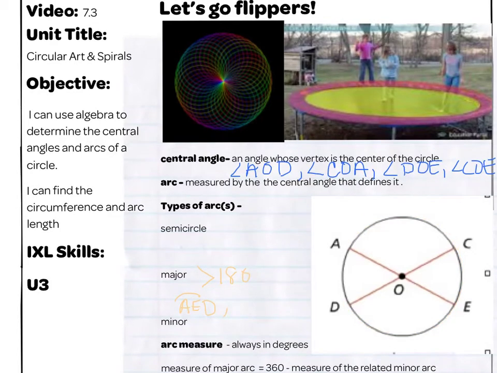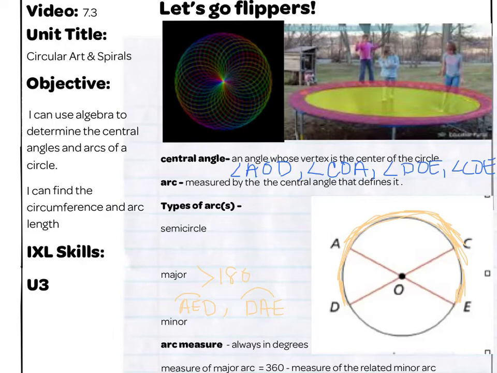Let's also set another arc that makes sense for us here, and let's start this time with D. If we started with D and went all the way around, we got to go past C, so we'd go to E. So we could say arc DAE. That'd also be a major arc. Now minor arcs are going to be exactly what you think they are, and they're going to be smaller than semicircle arcs.